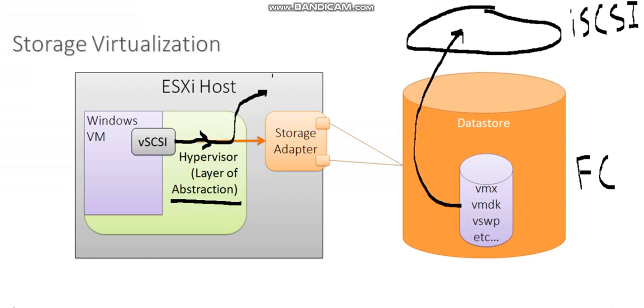So if I've got some other storage adapter here connecting to ESXi, and I relocate this VM's files to that other storage array, the hypervisor is aware that I've made that change, and it simply redirects those storage commands to the new location. And you can even do this without any downtime on your virtual machine. So storage virtualization gives us some pretty awesome capabilities.